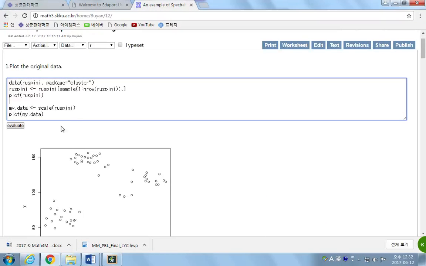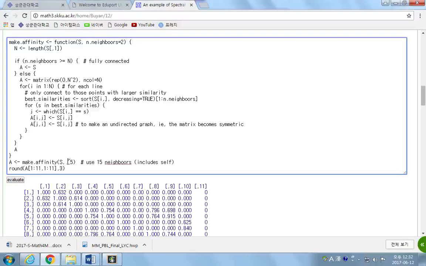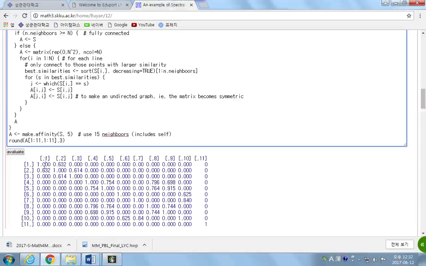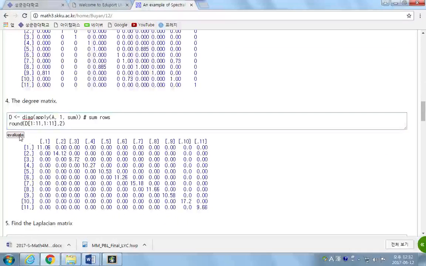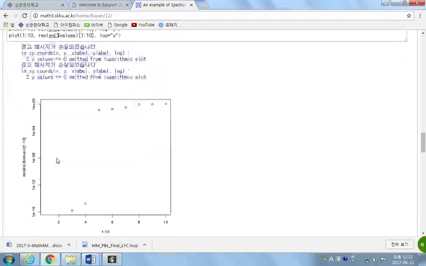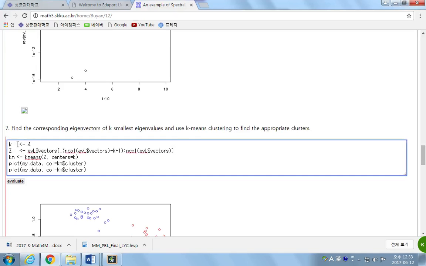This example is this. If we change this 15 to 5, then the result is this. Here is the diagonal matrix, the Laplacian matrix, and here are the eigenvalues. The first eigenvalues have a big difference, so we should choose K is 4.